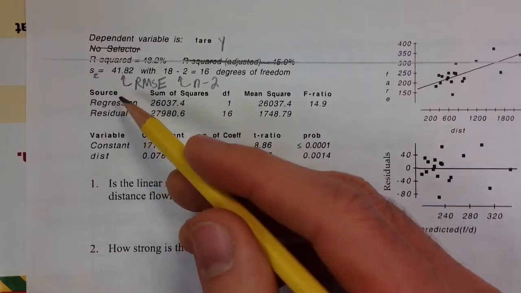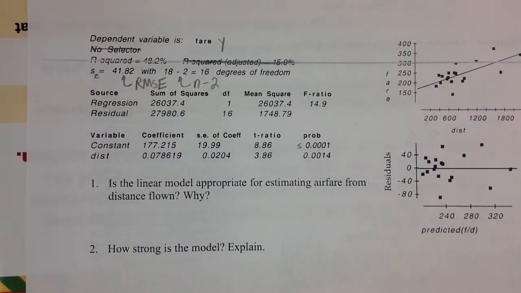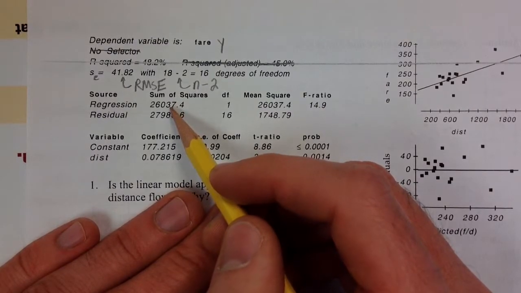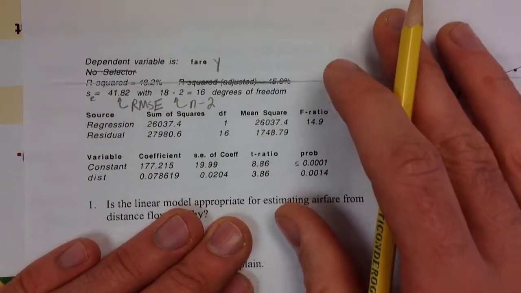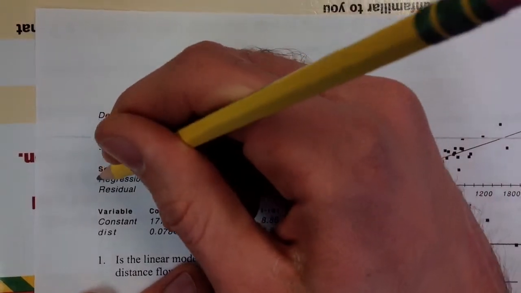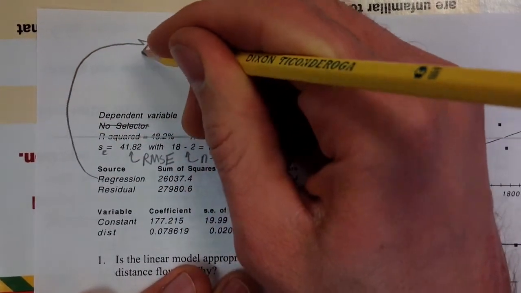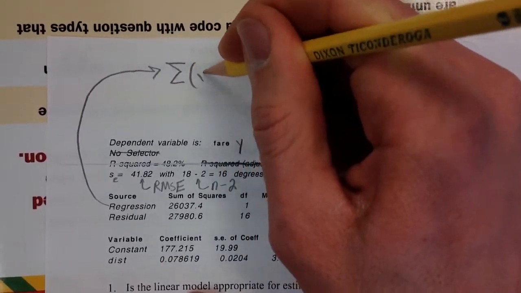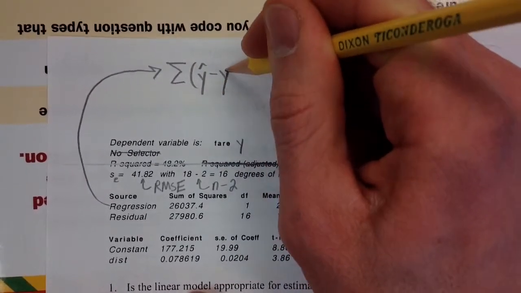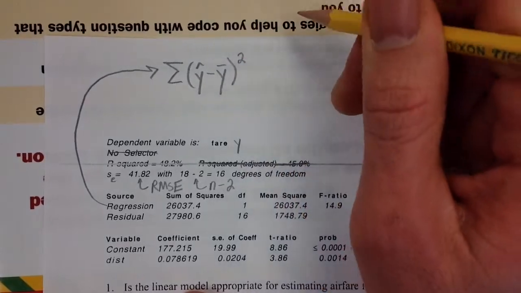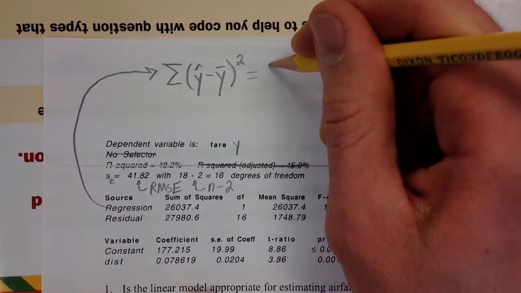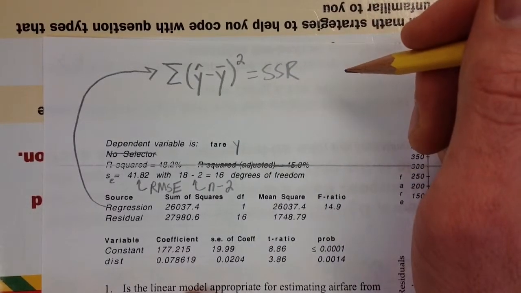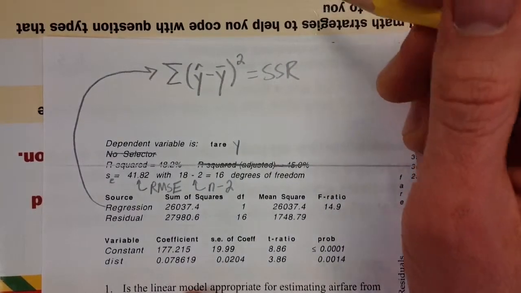Next, the portion where it says source. Sum of squares, we dealt with that yesterday. The first one is the sum of (y hat minus y bar) squared, otherwise known as SSR, sum of squares regression. It's predicted variance.